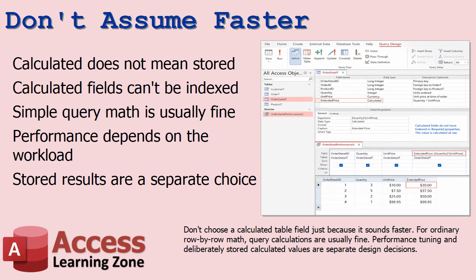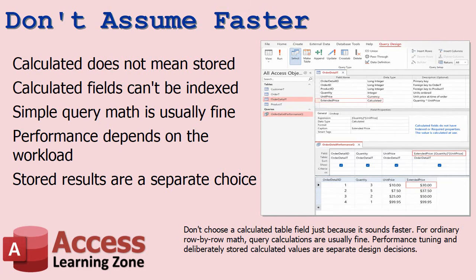Now, one example of when it's good to store a value is suppose you've got hundreds or thousands of order records and you're constantly displaying monthly sales totals, right? You could calculate that every single time by adding up all the orders for that month. But if those older months aren't changing anymore, you might calculate the total once and store it in a regular field, right? Call it like monthly sales total.